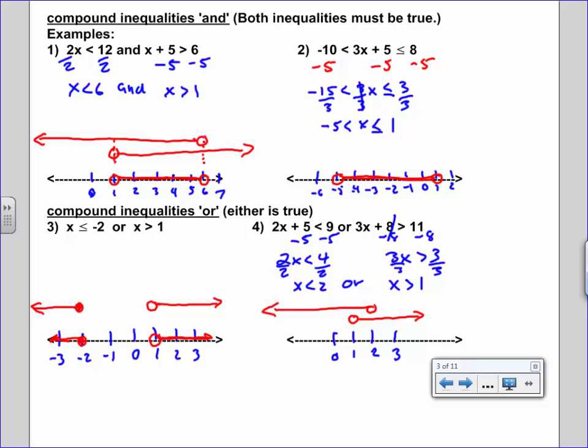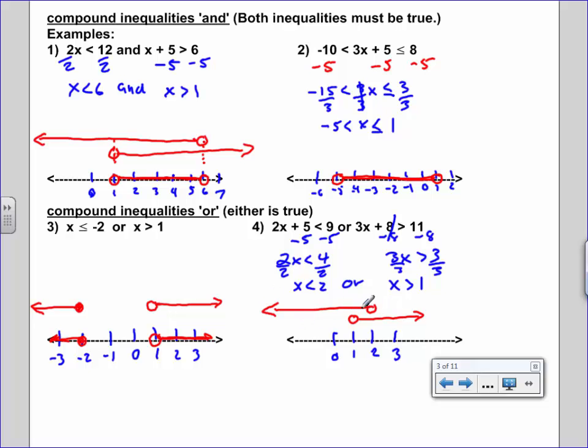Now this is a little bit different. Let's look at this for a minute. Where are at least one of those inequalities true? Well, this one would cover everything from 1 getting greater. This would cover everything from 2 getting less.